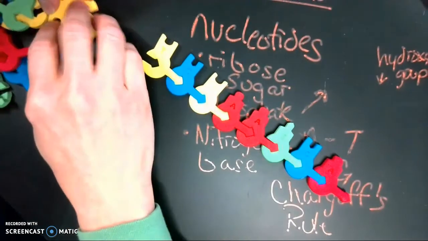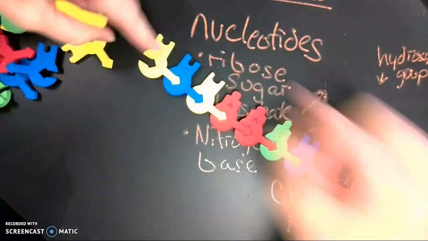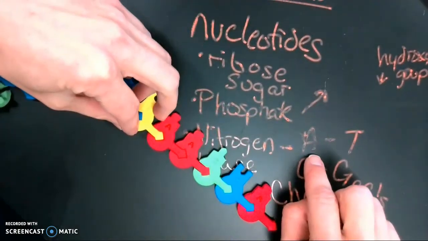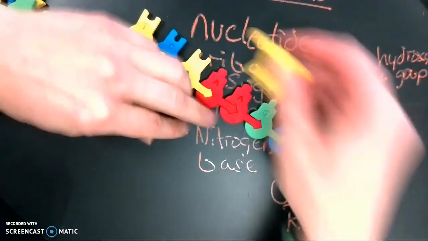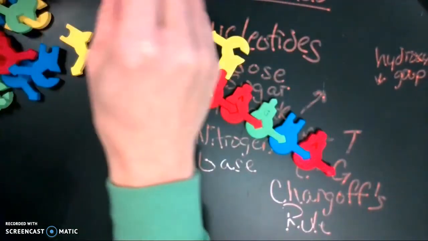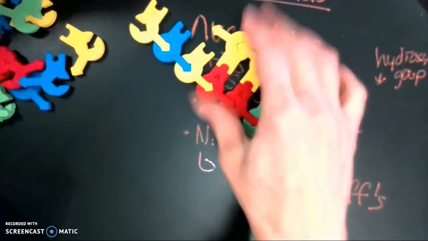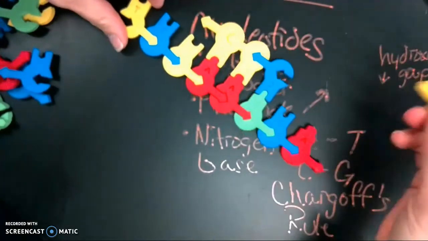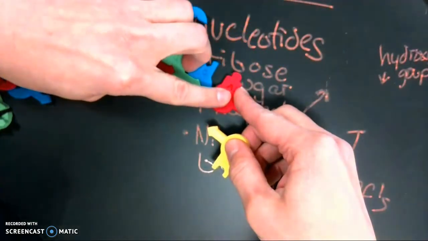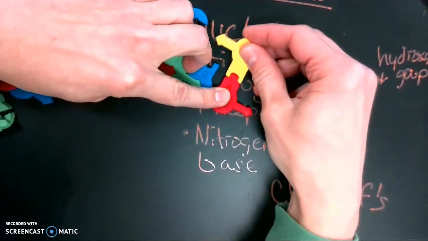Now, remember, DNA is double stranded, so we have the strand on the bottom, and then we're going to have the strand on the top. We said A always binds with T and C always binds with G. So above each A, you're going to put a T. Above each G, you're going to put a C. And if you look, your A's, see how that has a curve, will only fit with our T's.